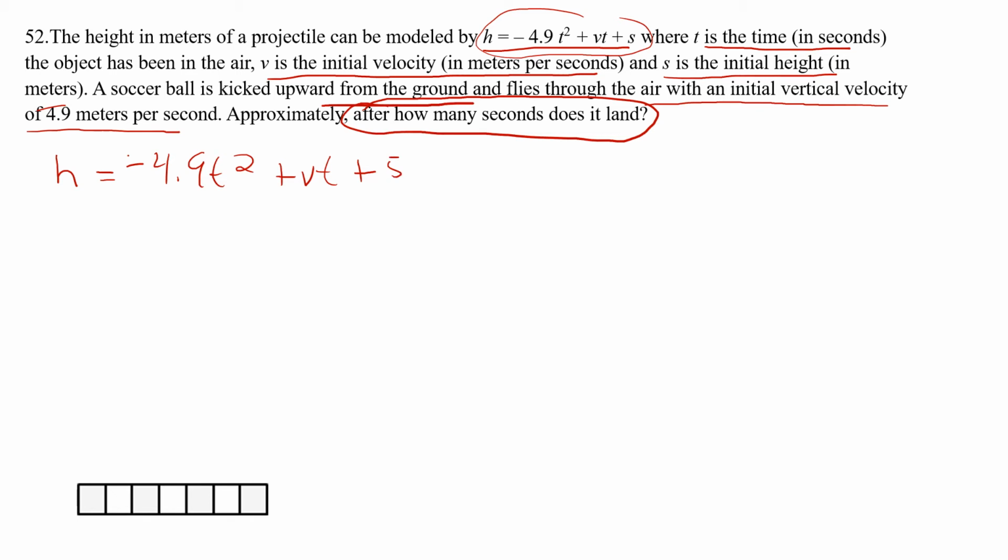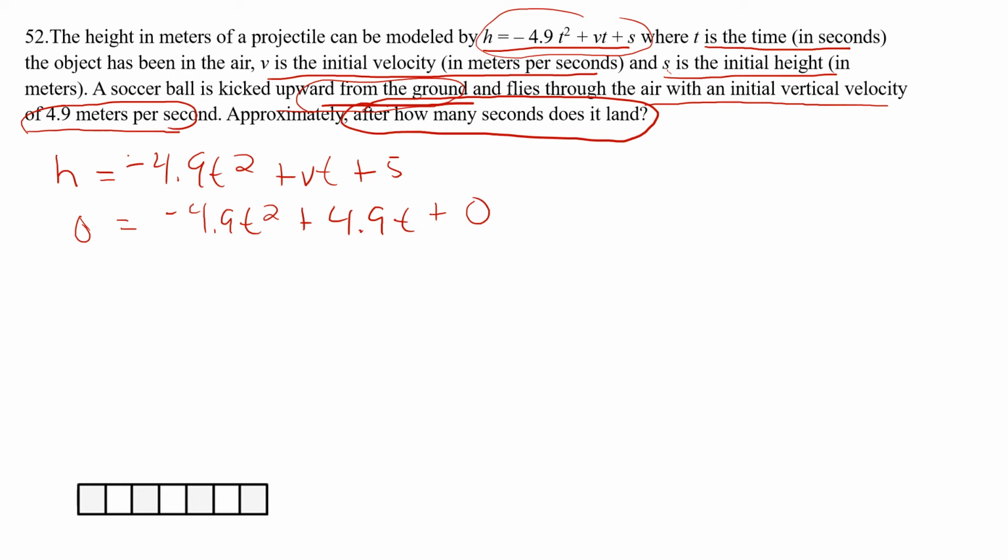Alright, so kicked from the ground, we set quadratic functions equal to 0. t to the second, that initial velocity is 4.9. And the initial height, s, is 0. Started from the ground, upward from the ground.